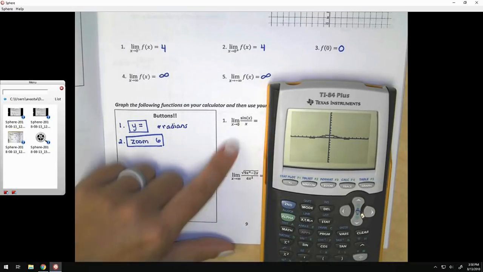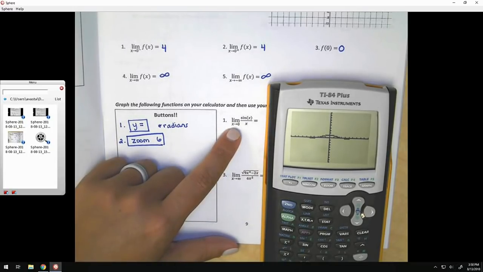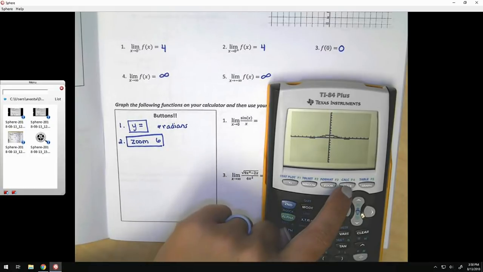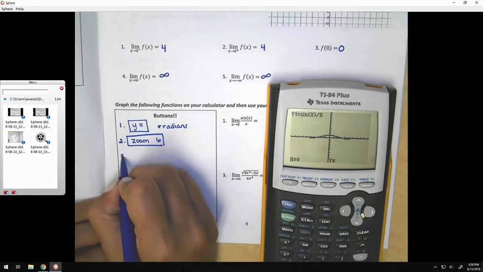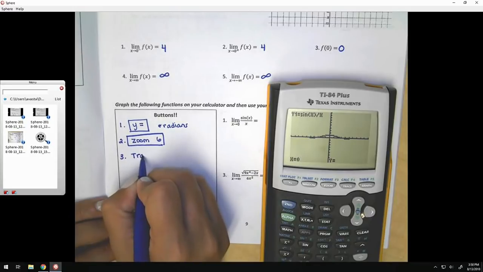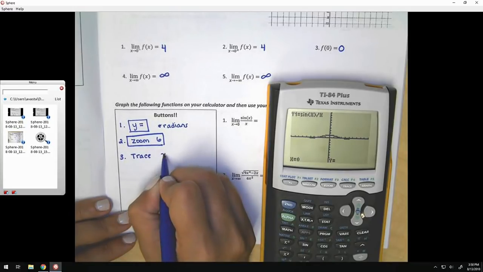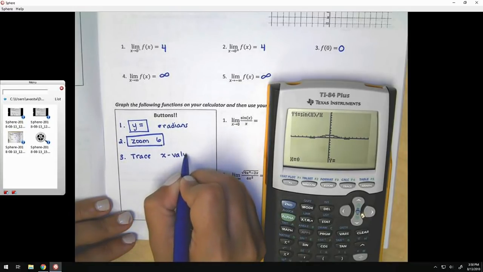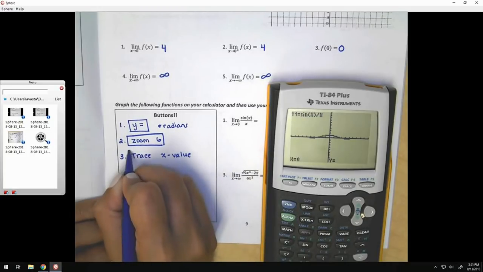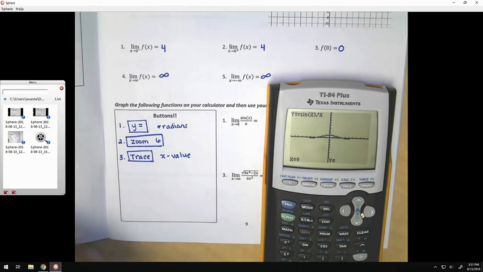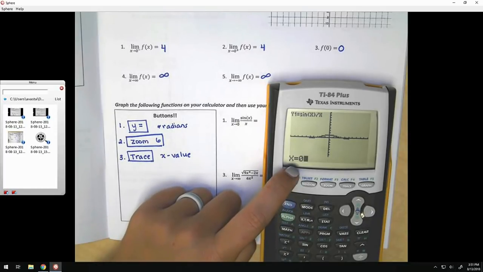Now I want to know what happens as x approaches 0. So I'm going to hit trace, and then I'm going to type in the x value that I'm trying to evaluate. I'm going to hit 0. And you'll notice it says x equals 0 on the screen.